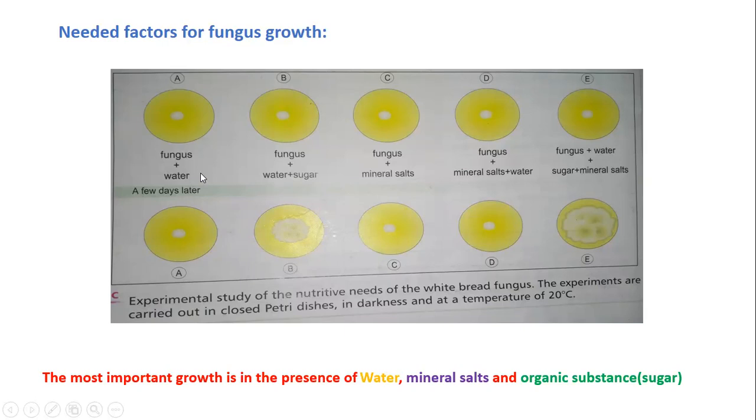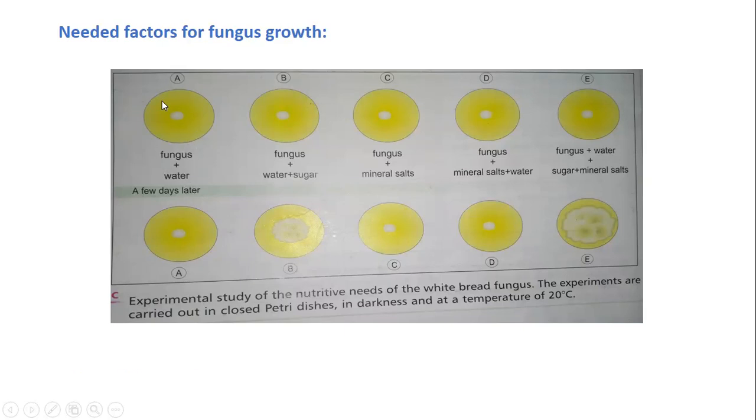Look at the conditions of each experiment: A, B, C, D, and E. Experimental study of nutritive needs of white bread fungus. The experiments are carried out in closed petri dishes in darkness and at a temperature of 20 degrees. In A, we put fungus with water. In B, fungus with water and sugar.